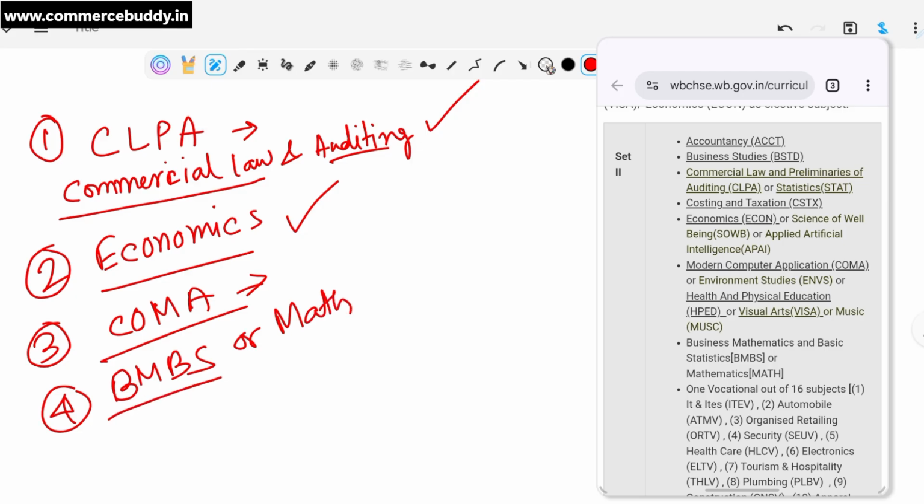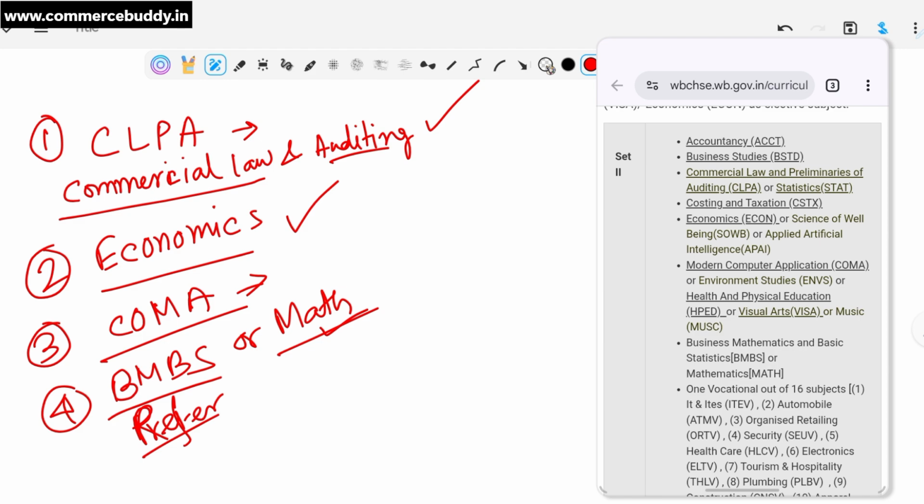Now BMBS, that is business mathematics and basic statistics, may not be available in all the schools under the board, but those schools that are offering it, this should primarily be taken as a preference. Okay, so this should be preferred over the math.